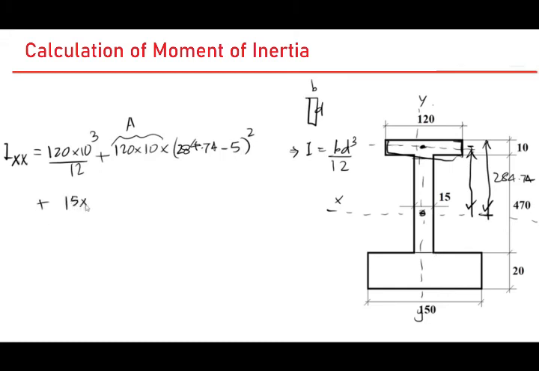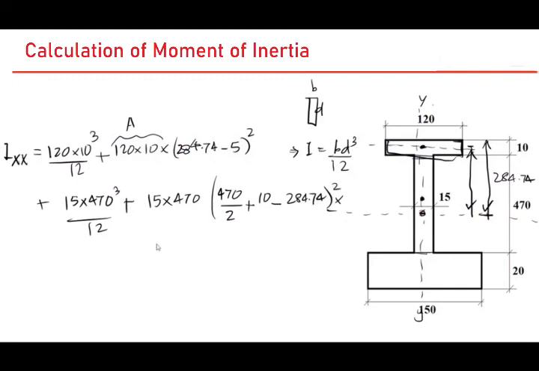So that will be 15 times 470 cubed by 12 plus 15 times 470. And you have to find the distance between the centroid of the entire cross section and the centroid of the small region, which you get to be 470 by 2 plus 10 minus 284.74, the whole square.